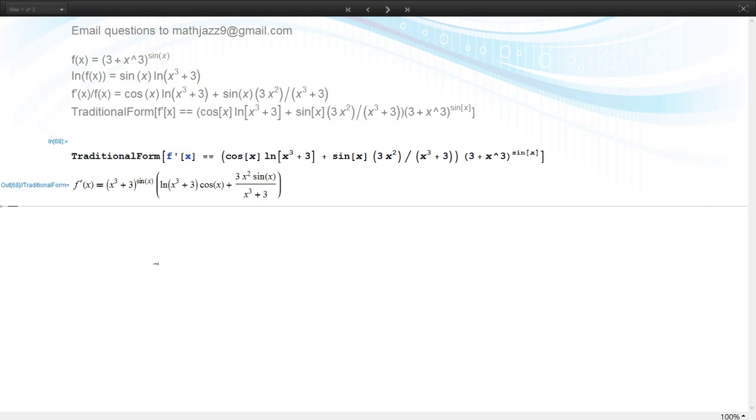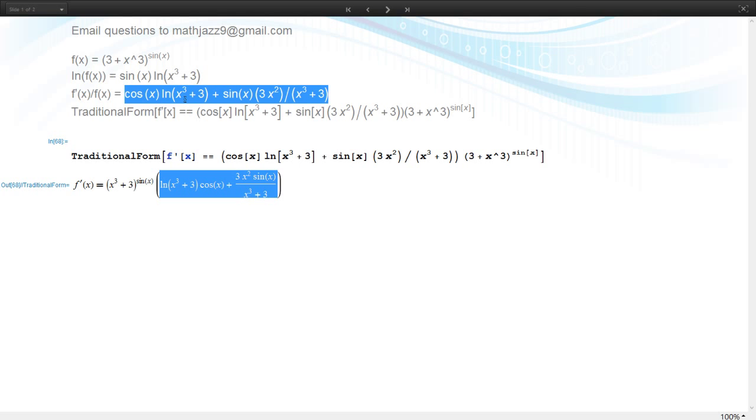There we go. So we can see our original function is here, and this is all of the stuff that happened after we took the derivative, but before we multiplied both sides by f of x.